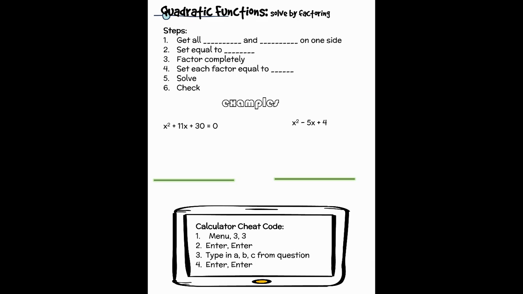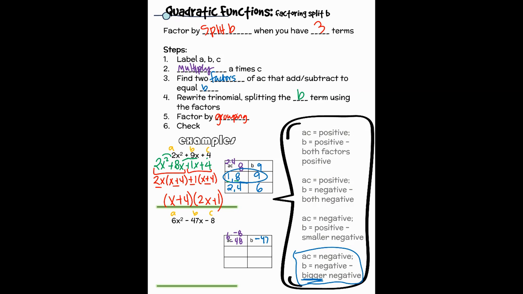So when I write the factors 1 and 48, my negative sign goes with my negative 48. So whenever I add 1 plus negative 48, that gives me negative 47.